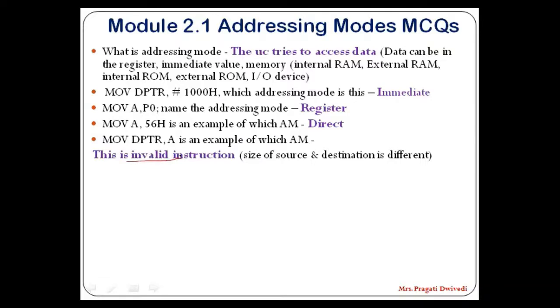Why is it invalid? Because whenever you are moving from one register to another register, the size has to match. And here there is a size mismatch. A is an 8-bit register, whereas DPTR is a 16-bit register. So the size of your source and destination does not match. Hence, this is an invalid instruction.